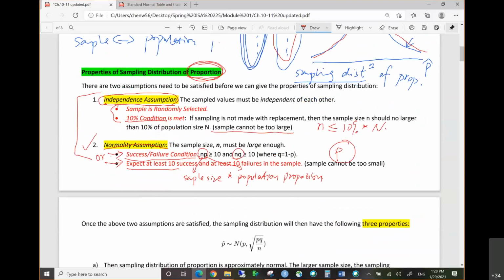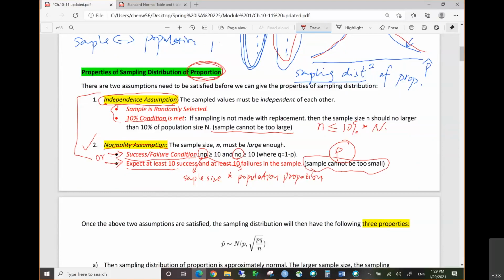We can check whether there are at least 10 successes and at least 10 failures in the sample. So once we select the sample, we need to make sure there are at least 10 successes and at least 10 failures in the sample. That means your sample cannot be too small.